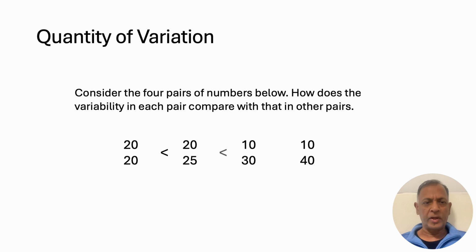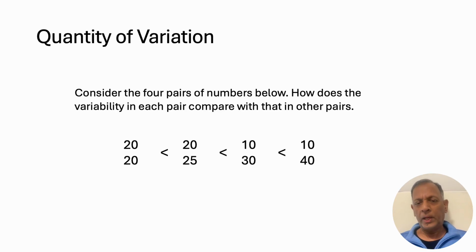If we continue further, we find that the variation in 10, 30 is even more than in 20, 25, because 20 and 25 are kind of close to each other, while 10 and 30 are further apart. And finally, the variation in 10, 40 is even more than that in 10, 30, because the numbers are much further apart.